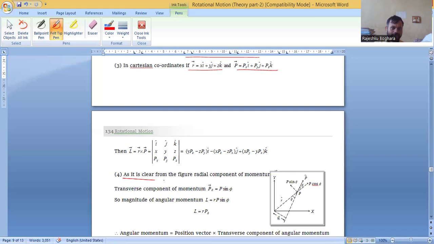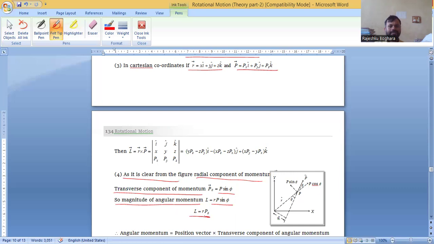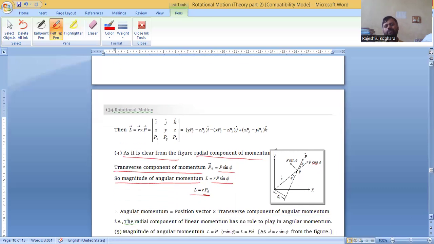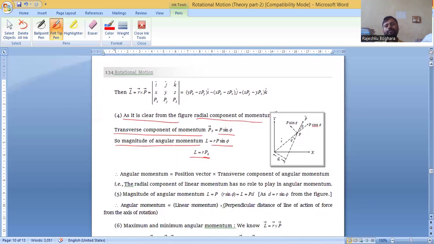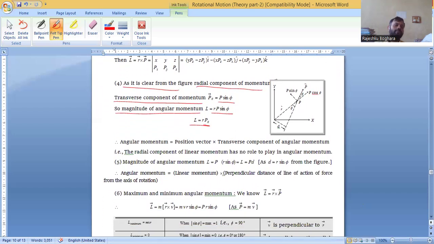As is clear from the figure, the radial component of momentum and the transverse component of momentum P sin phi. So the magnitude of angular momentum L equal to rp sin phi. In torque, also we take the perpendicular component. Here, angular momentum also we take the perpendicular component.